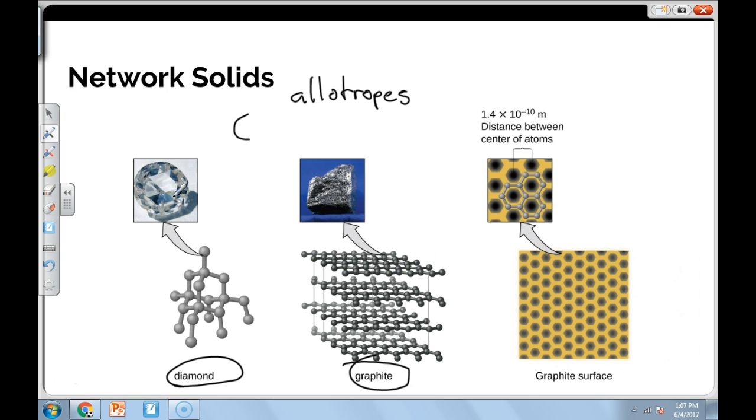And so what makes diamond so much stronger is because you can see it's all bonded together. It's a huge network of bonds and atoms coming together. What makes graphite so slippery? For those of you who don't know, graphite is one of the best lubricants ever. Well, you can see the atoms are bonded together here, and that's kind of neat.